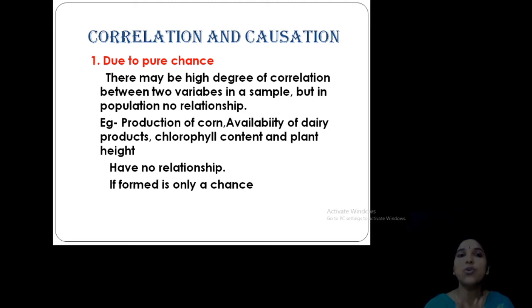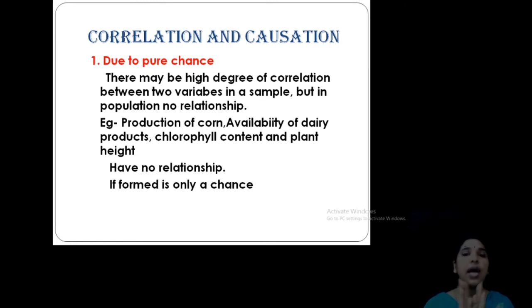What do you mean by pure chance? There are so many examples. For example, production of corn or maize, availability of dairy products, which is entirely different, chlorophyll content of a plant, and plant height. Here I have given four variables. Is there any relationship?